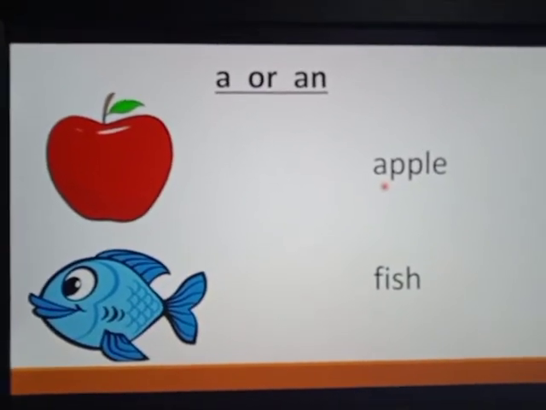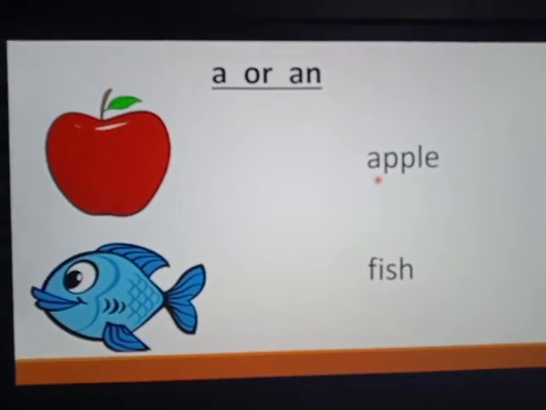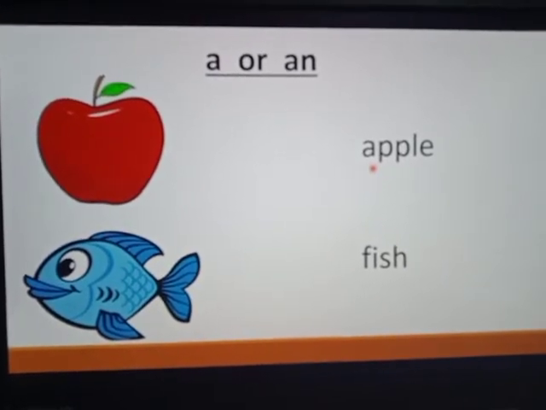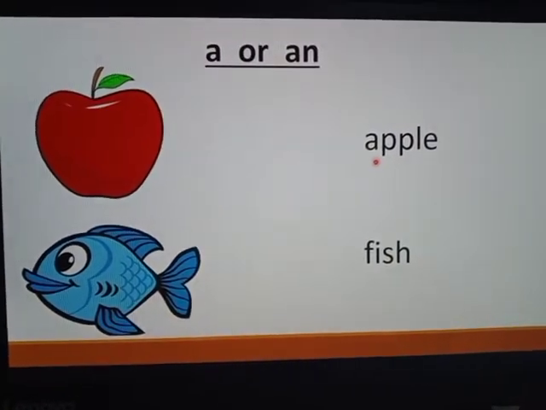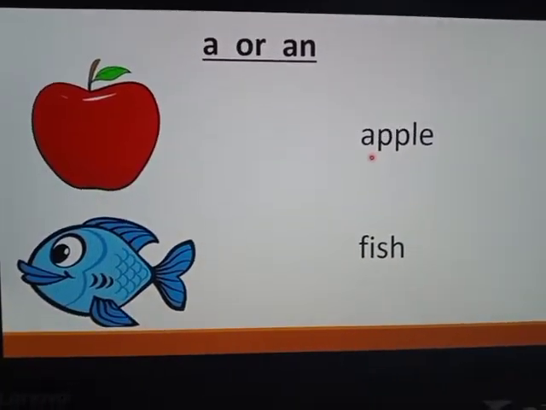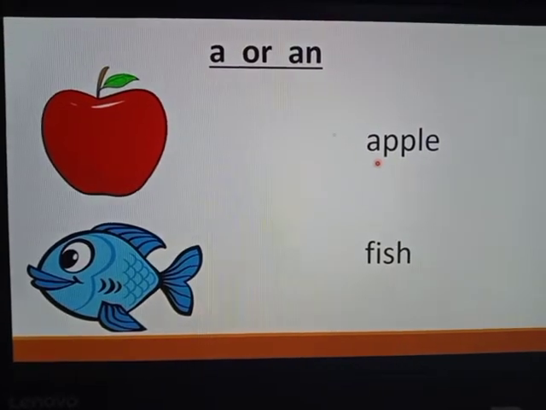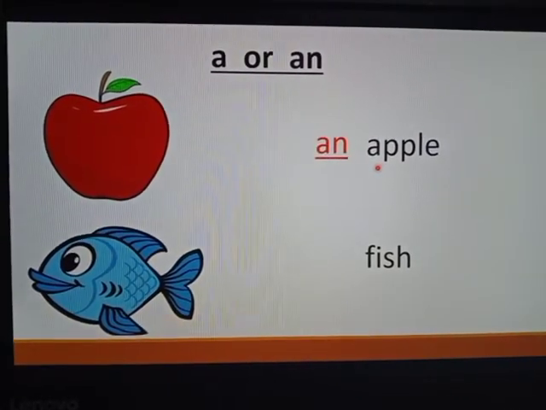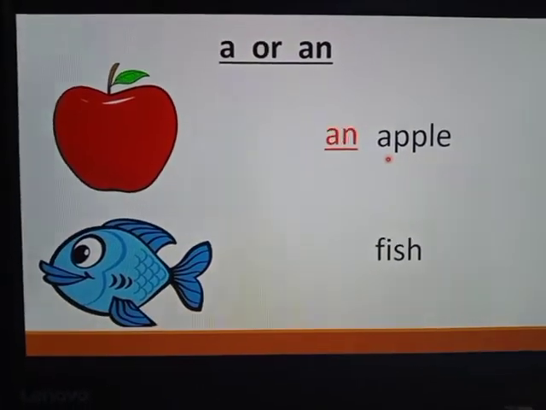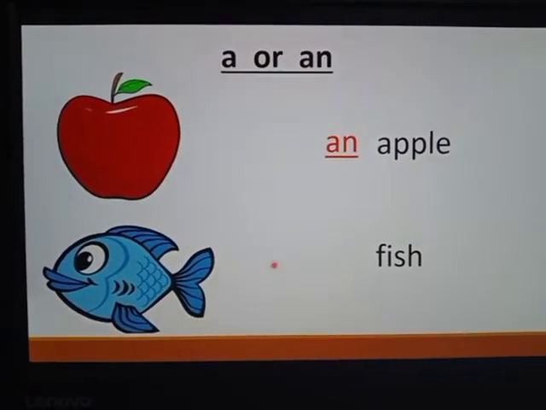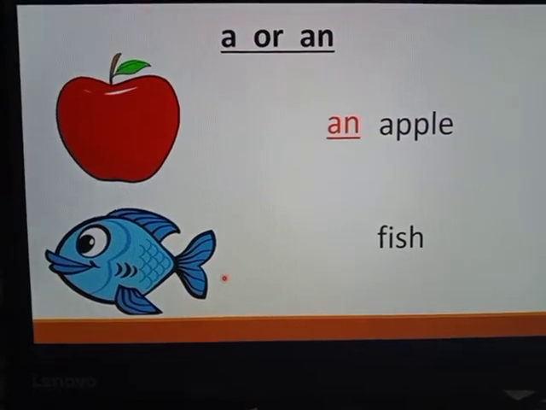It's a vowel. So, what do we have to use, a or an? Correct. We have to use an. So, we use an before words that begin with vowel sounds. So, how will you read it? An apple. Correct. Now tell me, what are you seeing in the second picture?